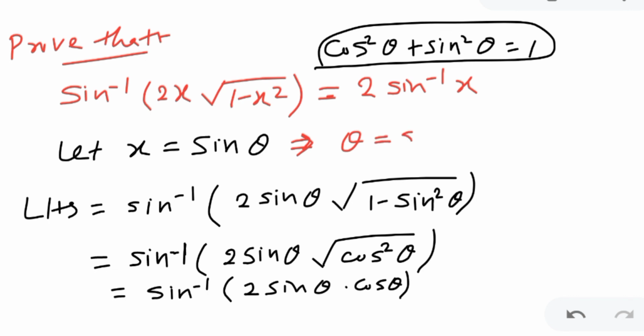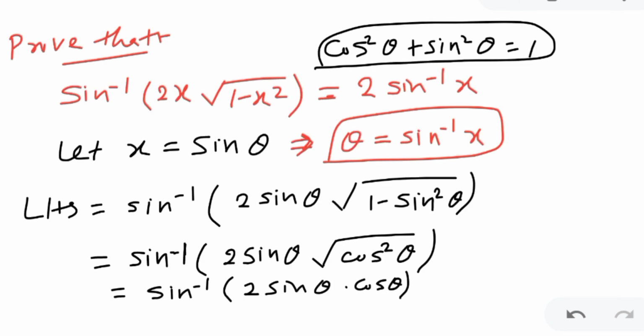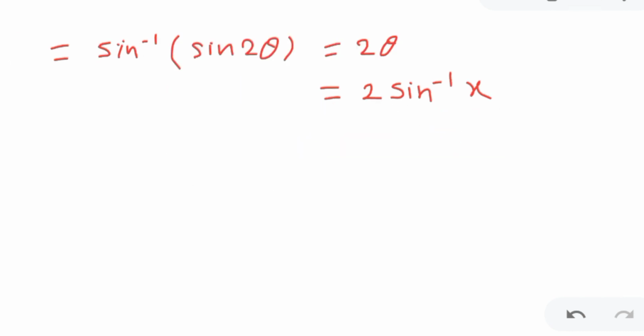So theta is equal to sine inverse x, correct? So 2 theta means nothing but 2 sine inverse x, and this is our RHS. So hence proved. LHS is equal to RHS, hence proved, correct?